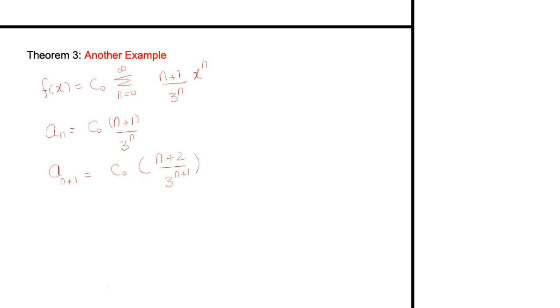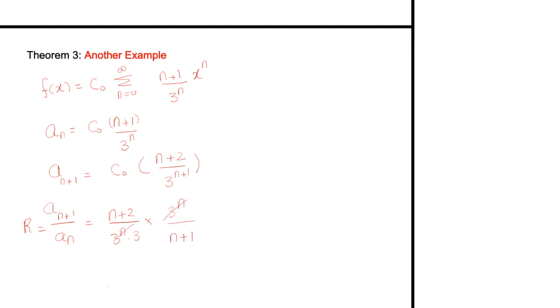Now we can take the ratio of a_(n+1) divided by a_n. This will be c naught cancelled out, so we can write this as 3 to the power n into 3, and we will invert the a_n, so that will be 3 to the power n into n plus 1.